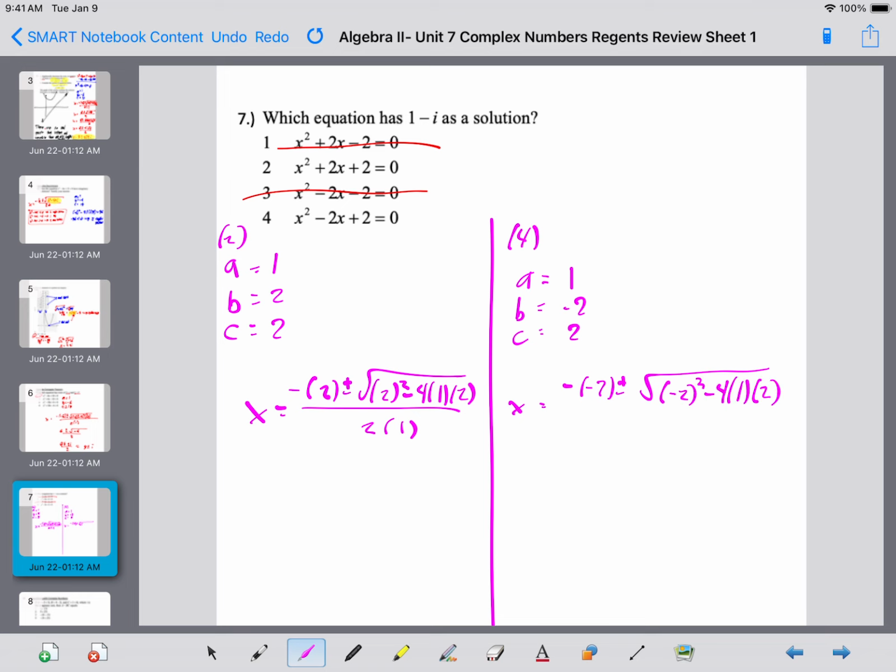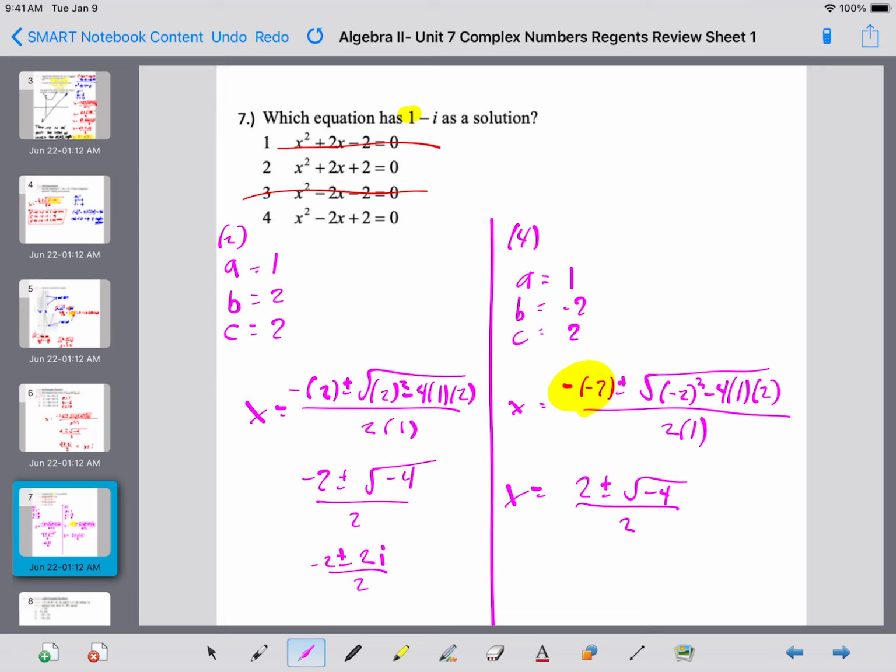Okay, and we know if we want the first term to be positive, it's clearly going to be the negative negative. But just for kicks, let's do it. 2 squared... you get -4. You would get -2 plus or minus 2i over 2. And +2 plus or minus 2i over 2.